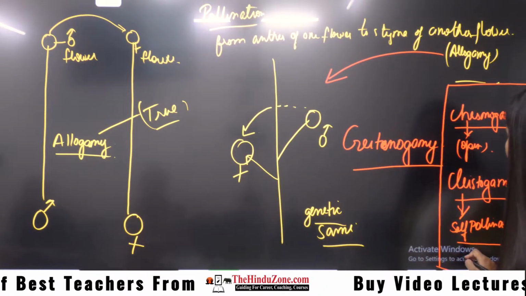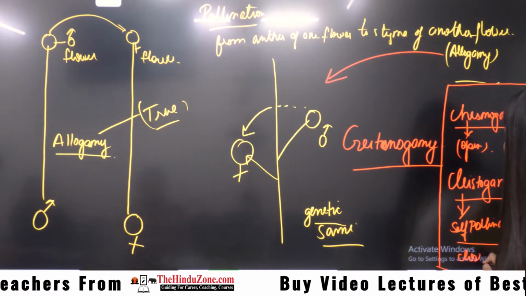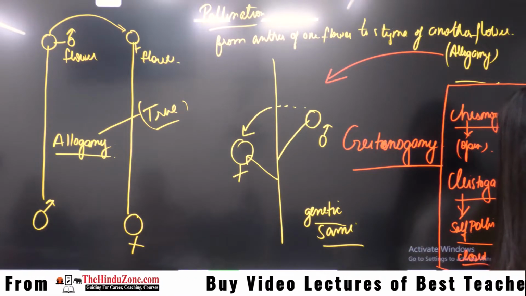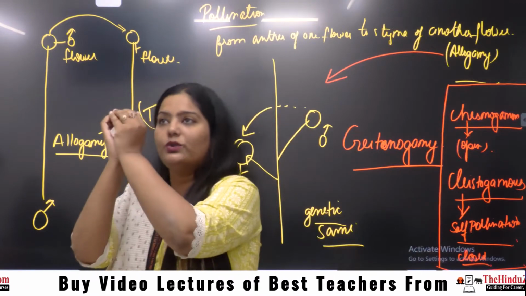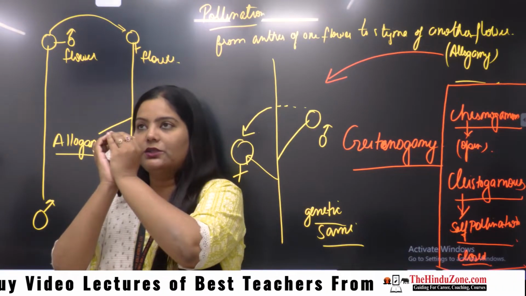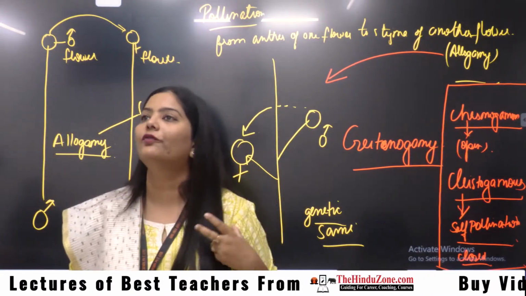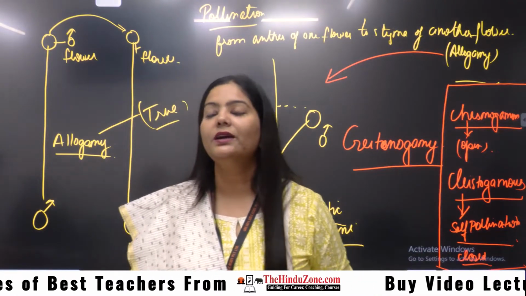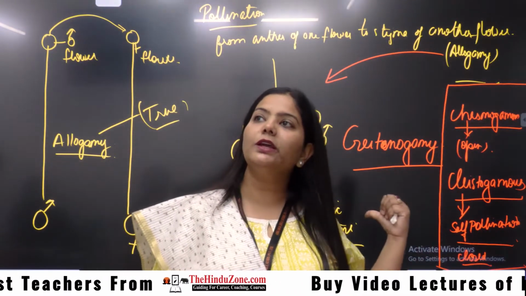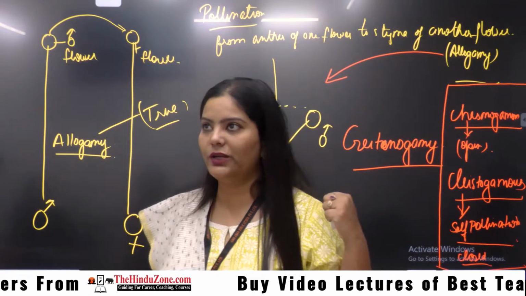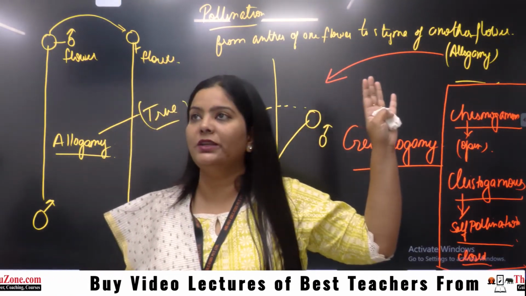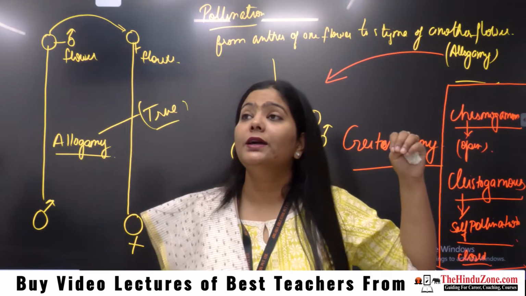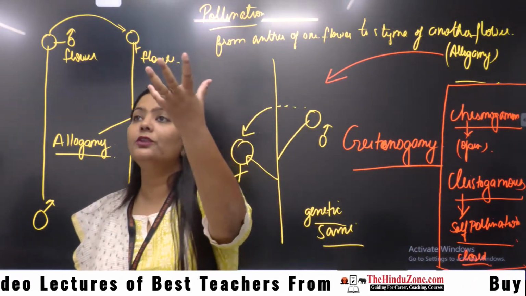But cleistogamous flowers are closed flowers. They are closed, like the anther and the stigma are closed inside the petal. So no outsourcing of the anther can be done. So they only go for self-pollination.